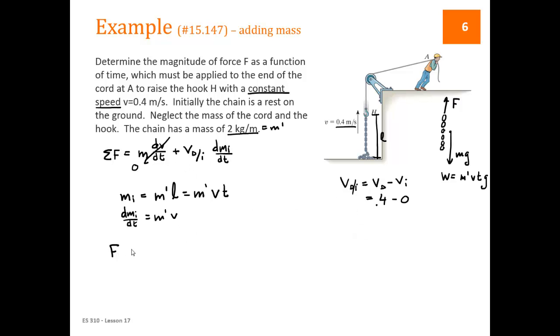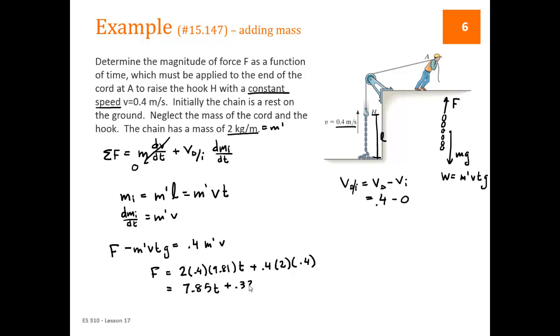F pulling up minus m prime v t g is equal to v_di, which is 0.4, times m prime v. Solving for F, we get F equals m prime is 2, v is 0.4, g is 9.81, t staying as a variable, plus 0.4 times 2 times 0.4. Multiplying all of that out, 7.85t plus 0.32 is our function.